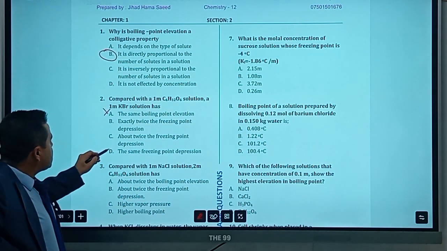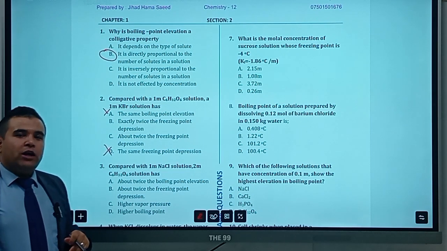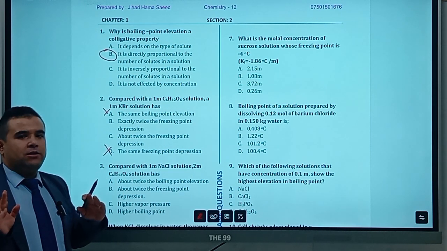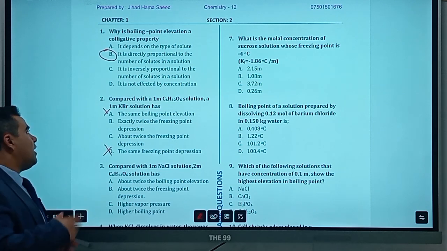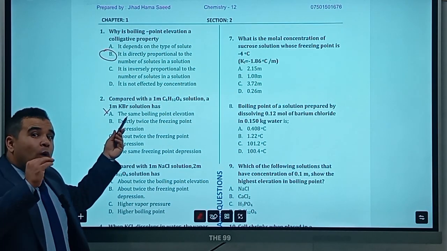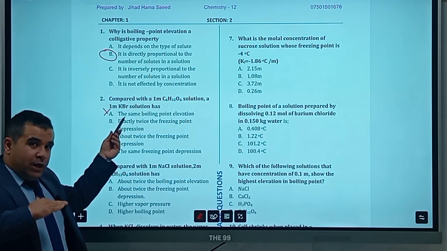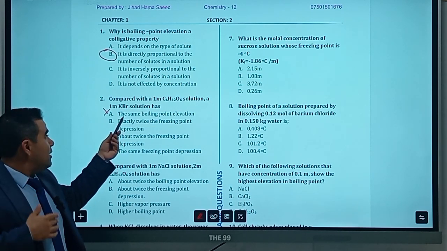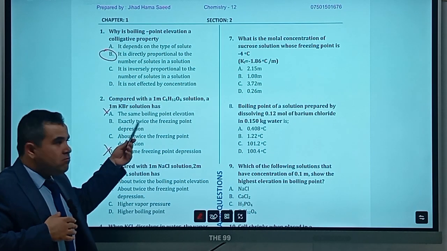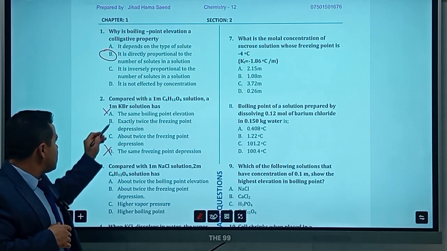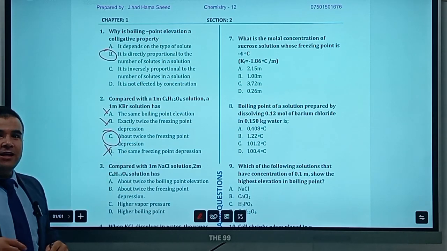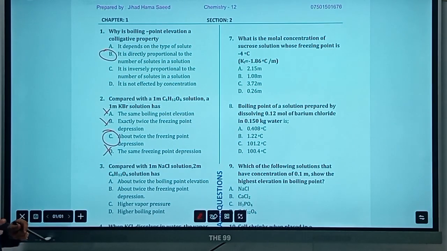Guys, for these questions, comparing an electrolyte with a non-electrolyte, do not choose the same, because they are not exactly the same. The electrolyte has about twice the freezing point depression of the non-electrolyte, because it has 2 ions. So not exactly twice; about twice, or roughly twice, is C.